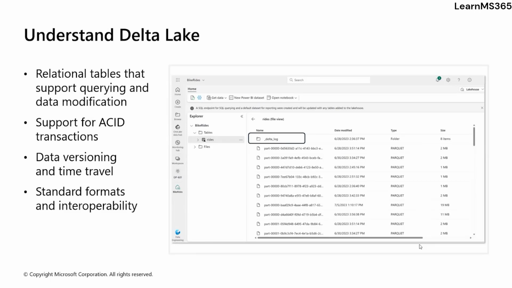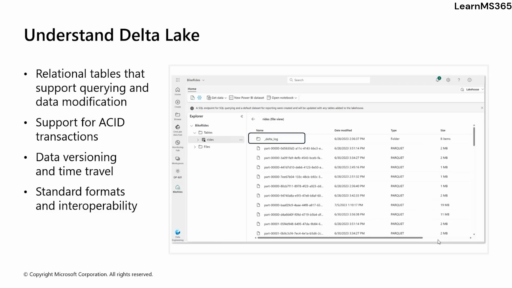And durability, so when a transaction completes, the changes it made are persisted. So Delta Lake brings this same transactional support to Spark by implementing a transactional log and enforcing serializable isolation for concurrent operations.